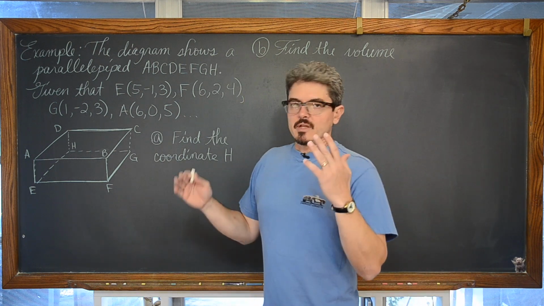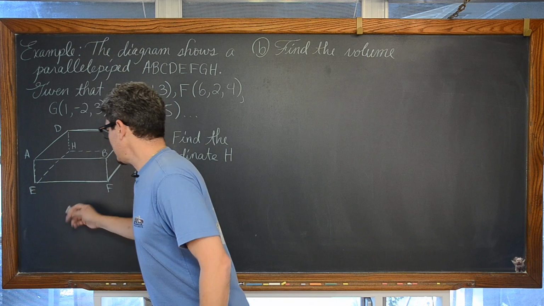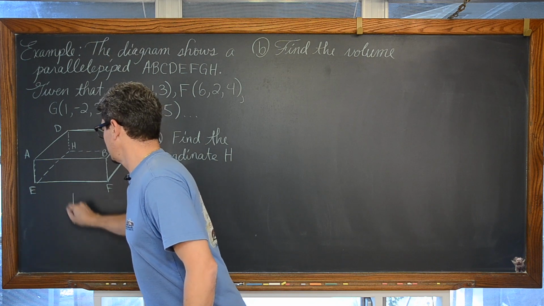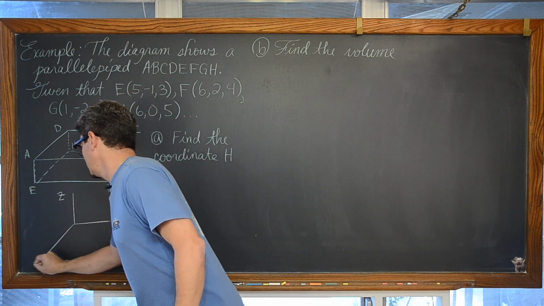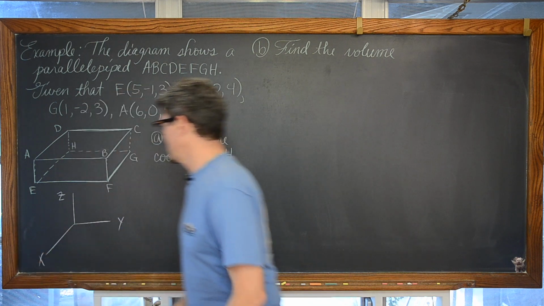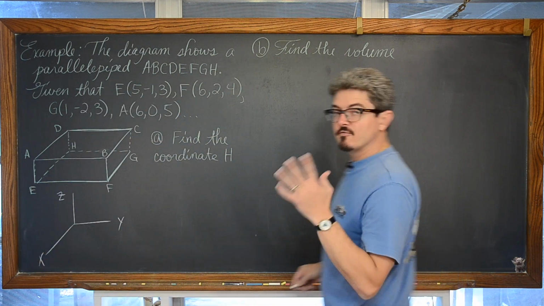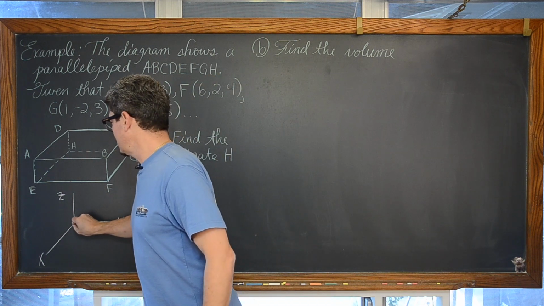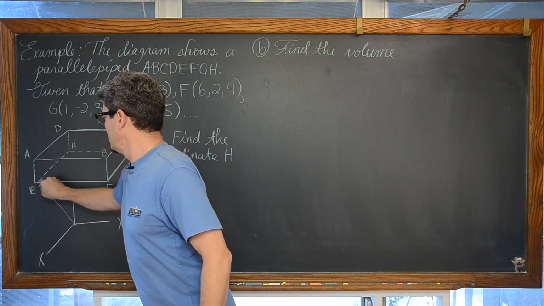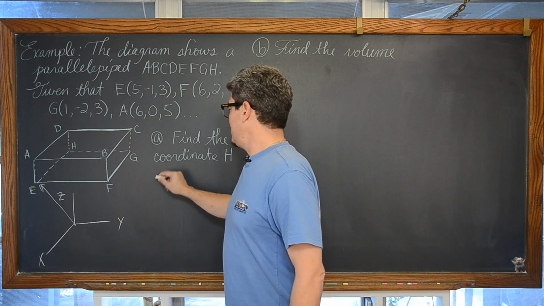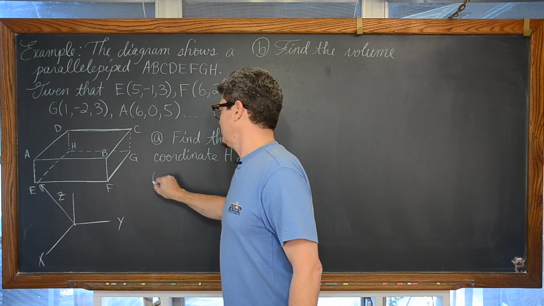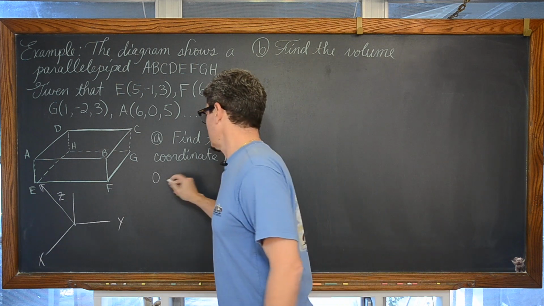Well, I have to get from the origin, which we'll just put here somewhere. Maybe there's a z-axis, and a y-axis, and an x-axis with that right-hand rule. Let's get from the origin over to E. We're going to find the position vector of this coordinate.